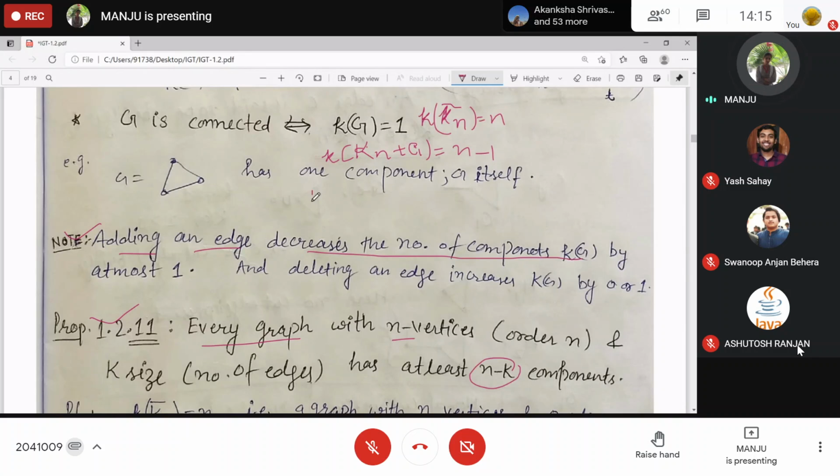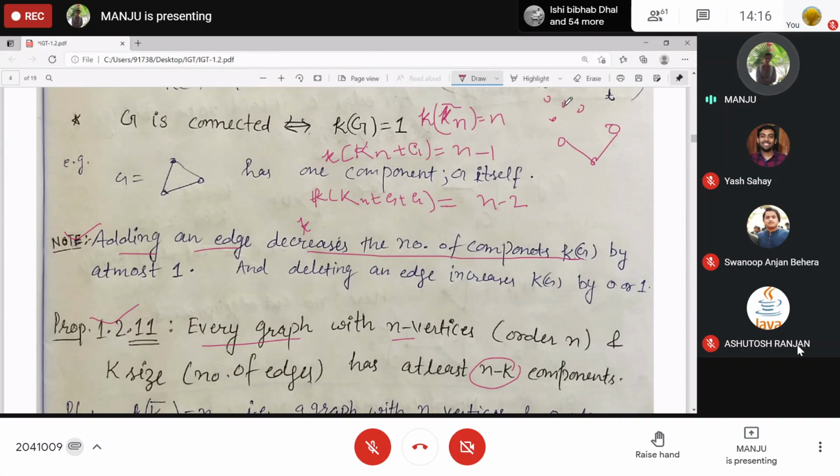Then again add one more, K n plus e1 plus e2. Exactly how many do you get? N minus 2. At the time of the third edge, for example, these two edges have been added like this, with n minus 2 components. Here n minus 3 vertices are there, so n minus 3 components are these, and one component is this, so n minus 2 components.